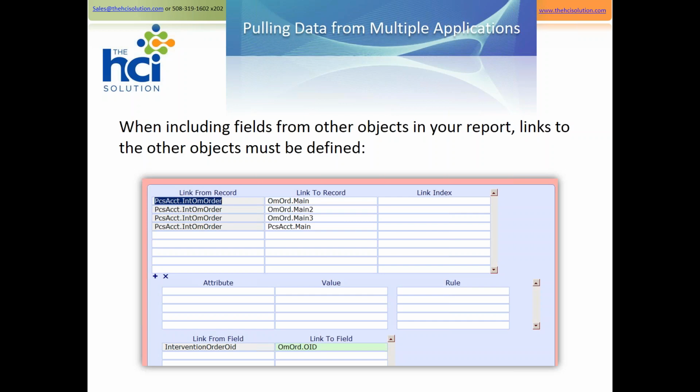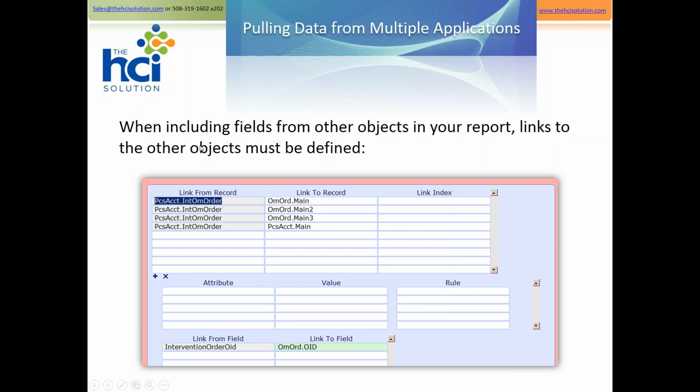So we have to tell the report that this field from this record actually points to this field in another application or another object. So we have to tell the report designer that when we're looking at the order that's associated to the intervention, we have to tell it how that order field is associated to the order object in OM. And we do that through field links.